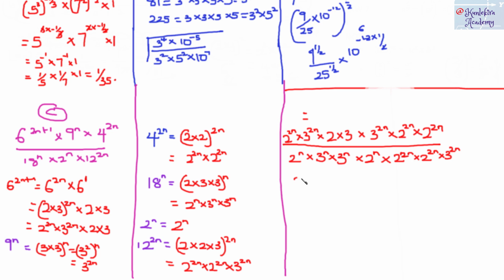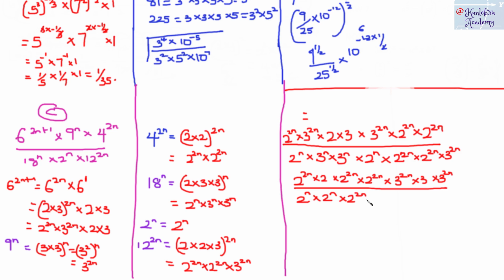Then you have 2 raised to power 2n times 2 times 2 raised to power 2n times 2 raised to power 2n times 3 raised to power 2n times 3 times 3 raised to power 2n, over 2 raised to power n times 2 raised to power n times 2 raised to power 2n times 2 raised to power 2n, times 3 raised to power n times 3 raised to power n times 3 raised to power 2n.